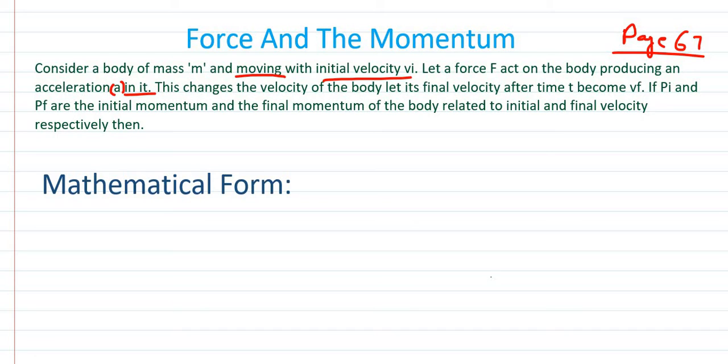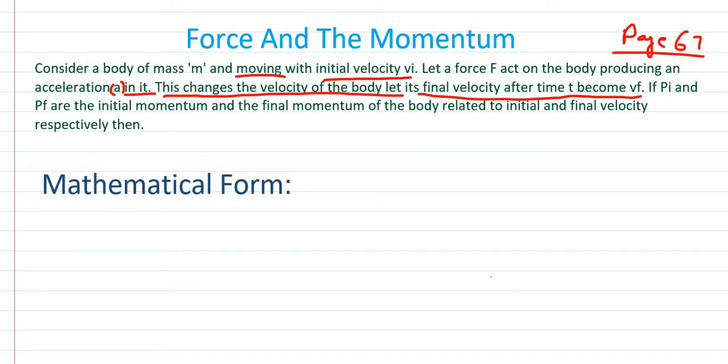When a force acts on our body, it produces acceleration, as we learned in Newton's second law. This changes the velocity of the body from initial to final velocity vf after time t.